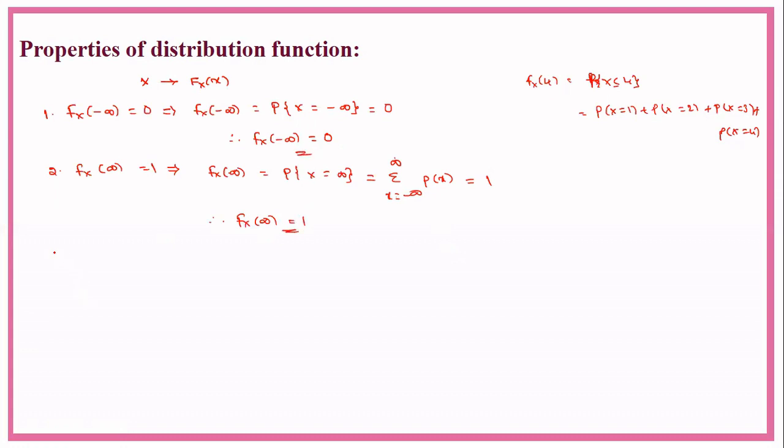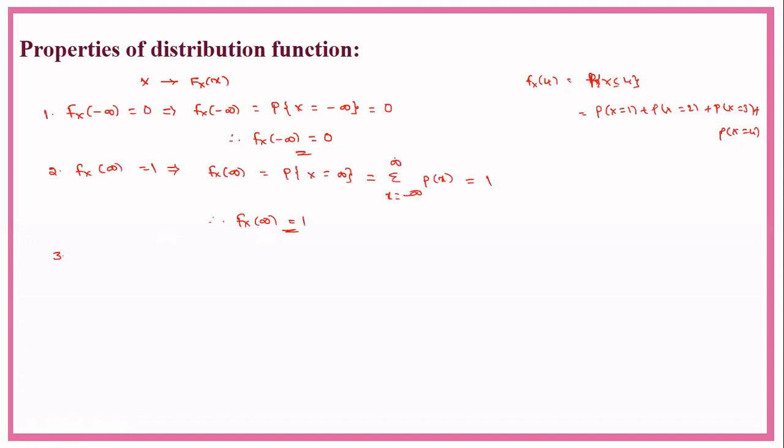And the third property. From the two properties, Fx of minus infinity is equal to 0 and Fx of infinity is equal to 1, the distribution function must lie between 0 and 1. So the third property is 0 less than or equal to Fx of x less than or equal to 1.